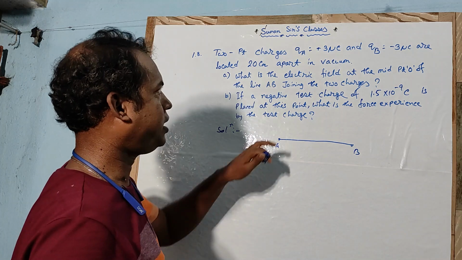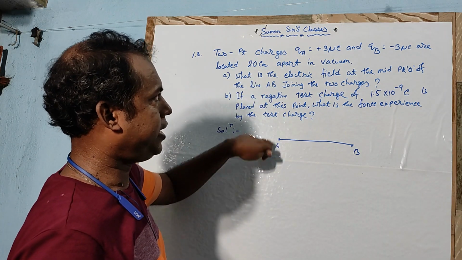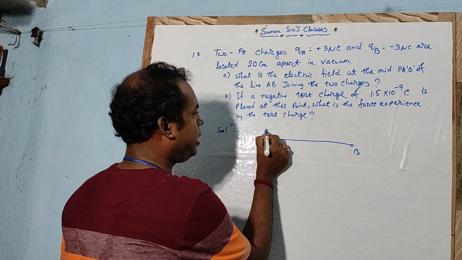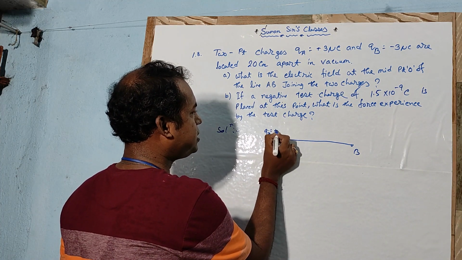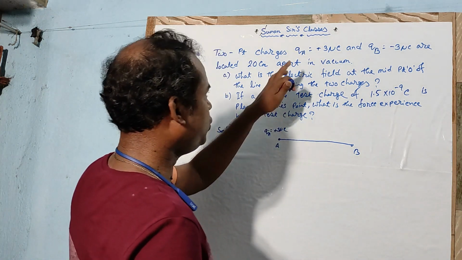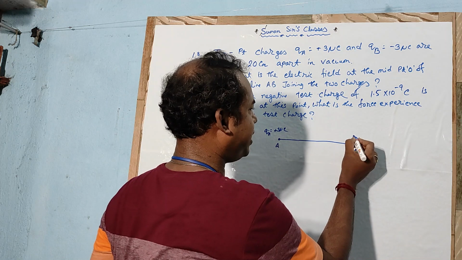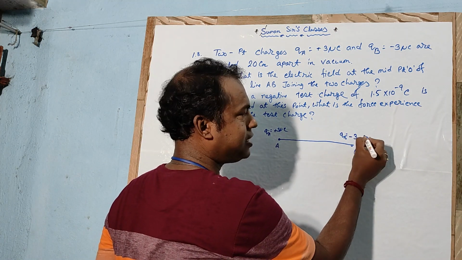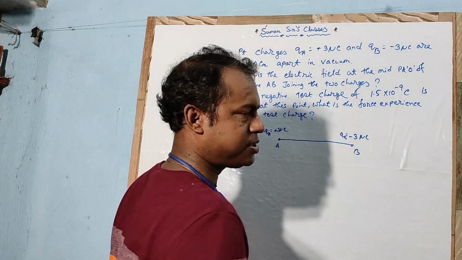At point A, the charge QA is located, so this value is plus 3 microcoulomb. And another one, the charge QB, equals minus 3 microcoulomb, is located at the position B.